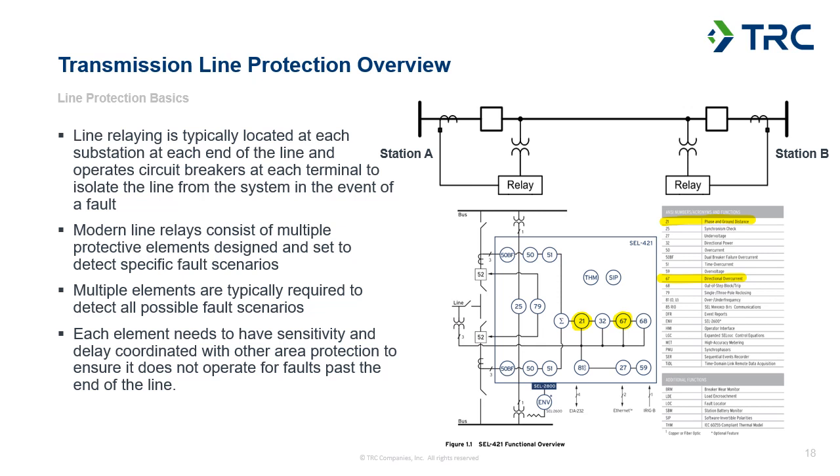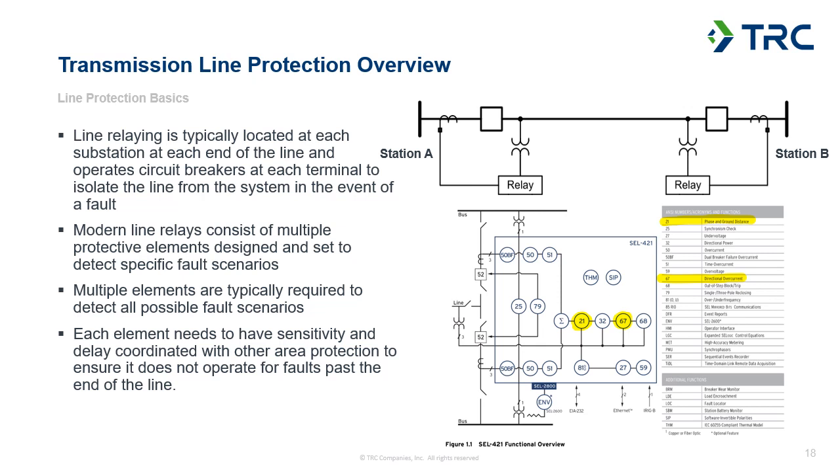So you had to buy many relays to make up a relay scheme. Today, it's pretty much universal that all new relays are multifunction, and you can do many different types of schemes with the same type of relay by applying elements specific to a scheme and logic to combine those elements to the overall functionality that's desired.